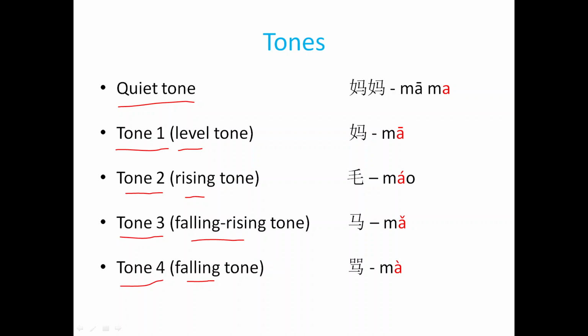For example, here, mama, the second ma has a quiet tone. It doesn't have a symbol really. The other kinds of tones should be put on top of one letter of the vowel or vowel combination.